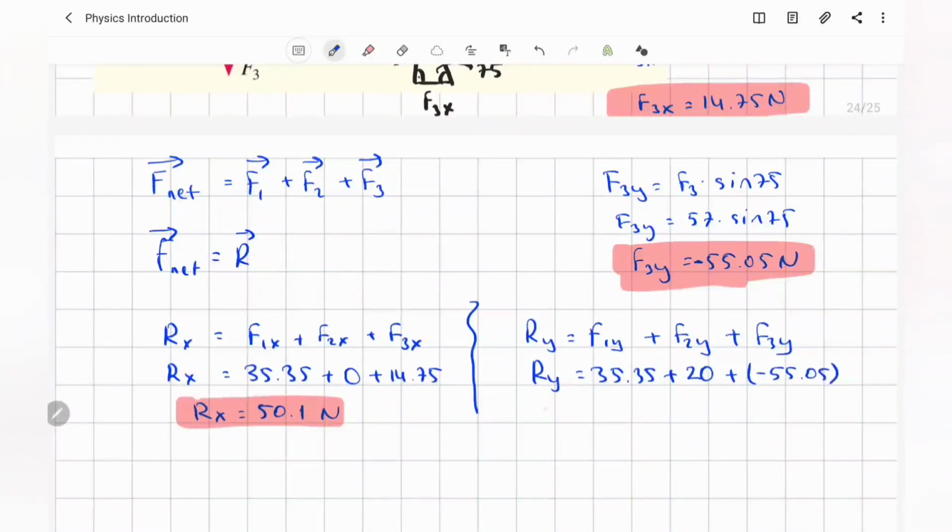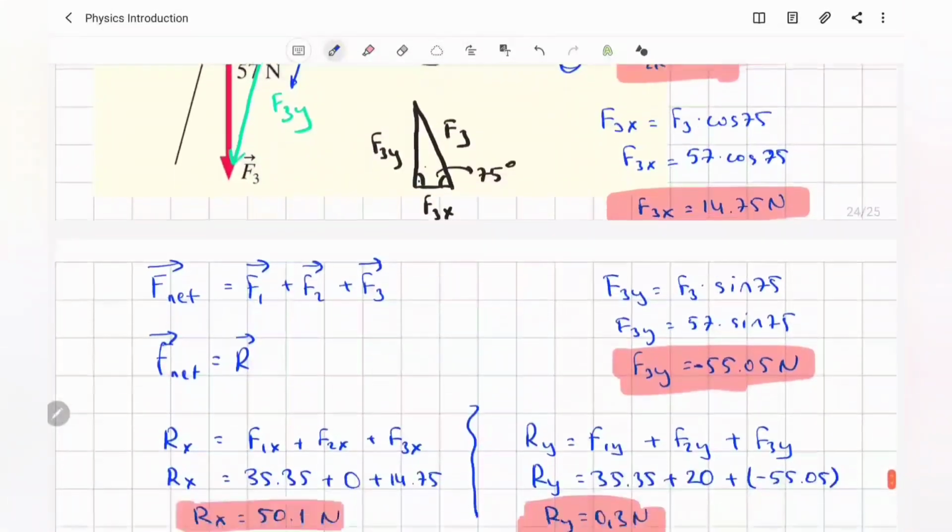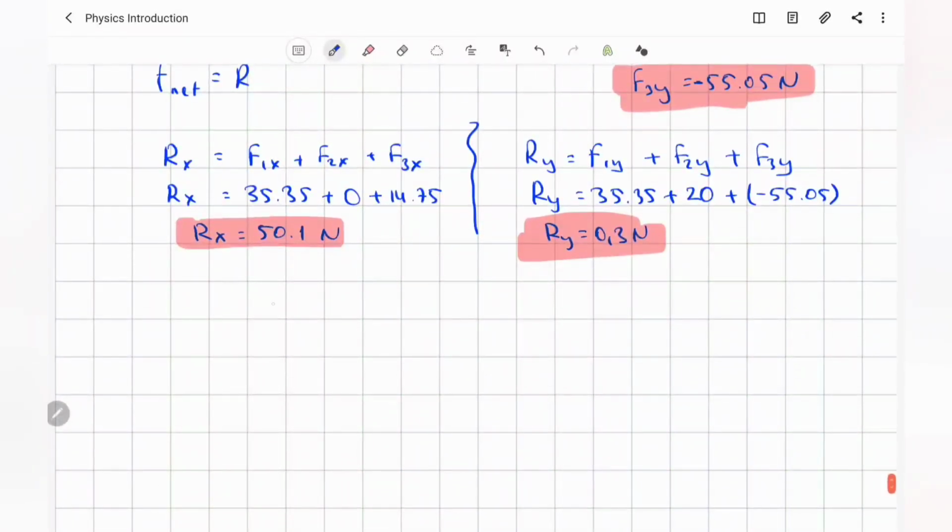So finally the answer will be, let me use my calculator quickly, 0.3. It's almost 0. I think it's 0 because we rounded numbers when we multiplied by cosine and sine. Okay, it's not a big problem.